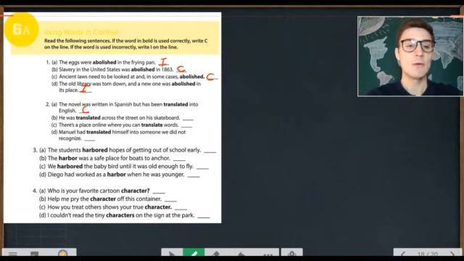B. He was translated across the street on his skateboard. Incorrect. C. There's a place online where you can translate words. Can you translate words online? Yes, an app or a website, right?